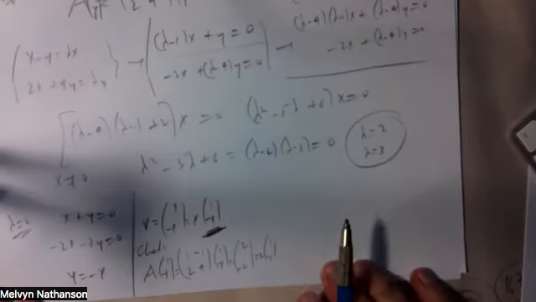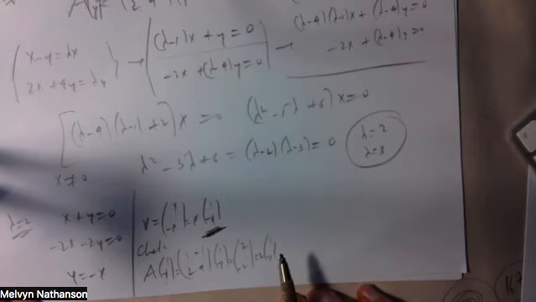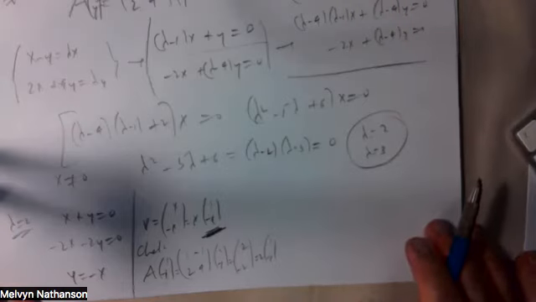So the matrix times the vector is 2 times the vector. So this really is an eigenvector with eigenvalue lambda equal 2. Is that okay so far? Yes, it is.